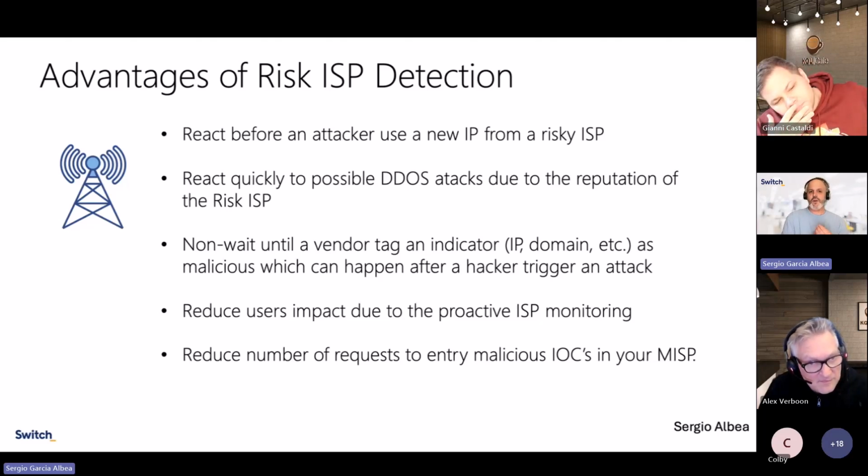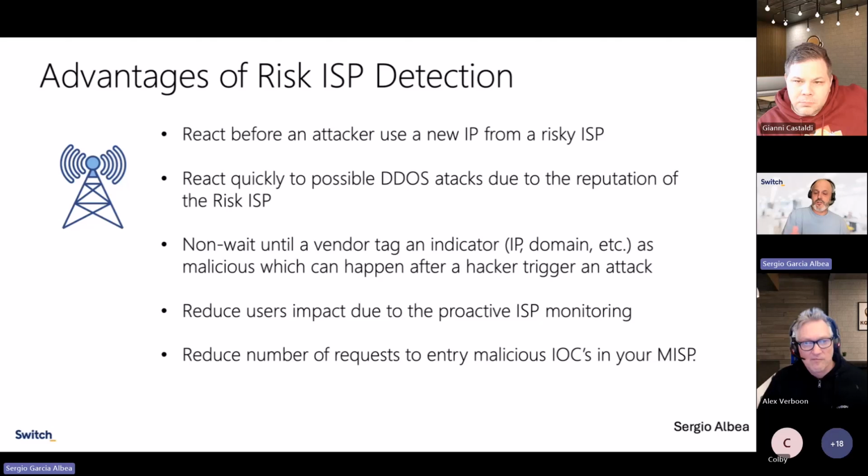But imagine that you have to add IP by IP, waiting until some malicious activity is triggered. If you know the ISP ranges, the autonomous system numbers, and the autonomous system ranges, you can add all of them, perhaps. It will totally speed up the time to add all this information in MISP.